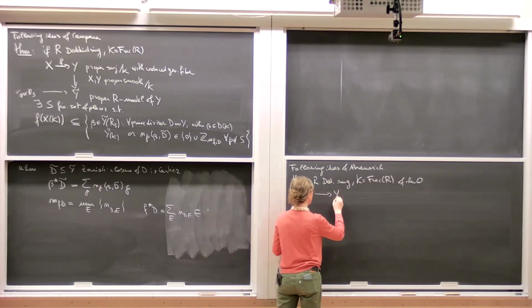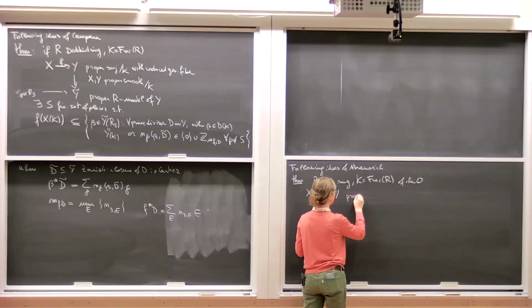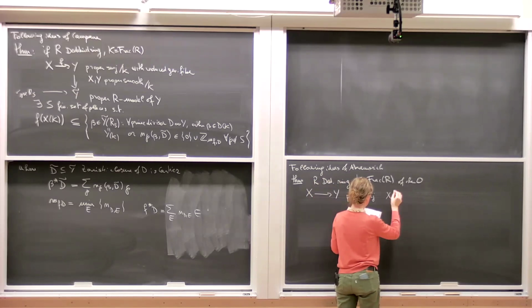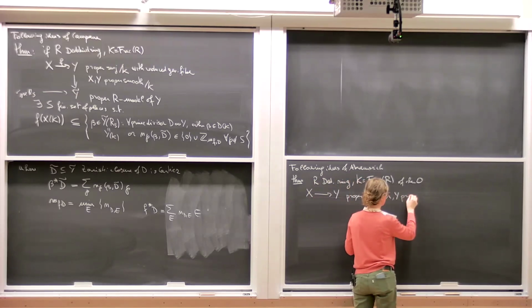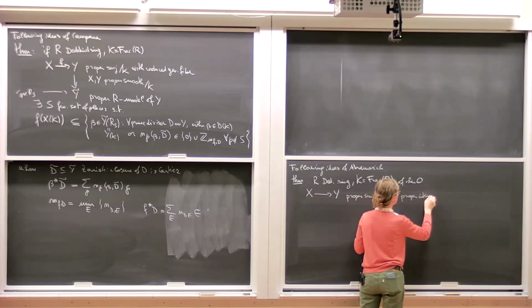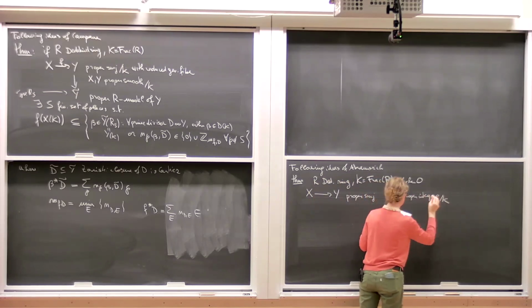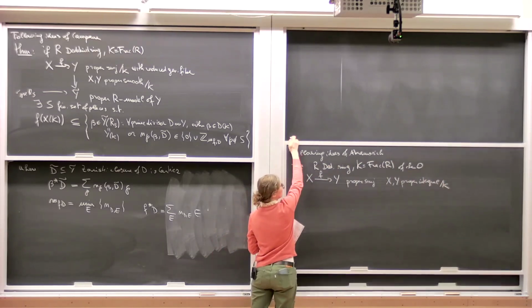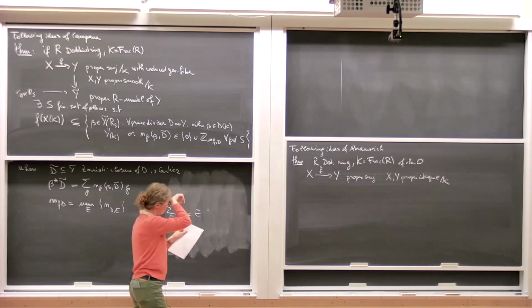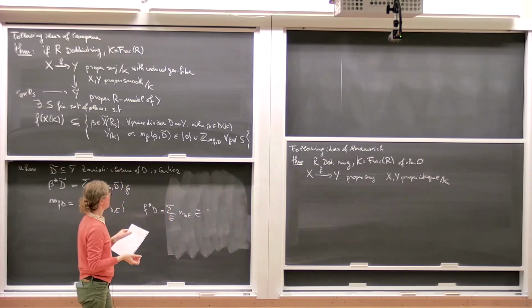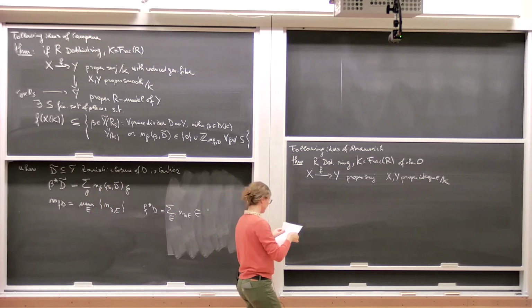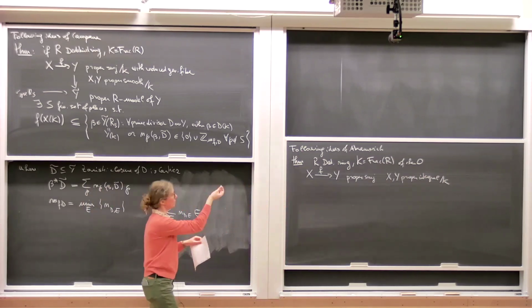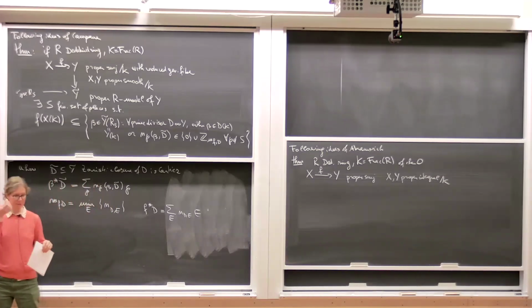So f: X to Y is again a proper surjective morphism, and X and Y are proper and integral over K. You can think of your favorite morphism and not so much about the actual requirements that we have here. And yes, the generic fiber should also be reduced.